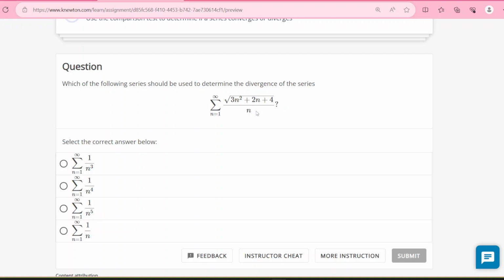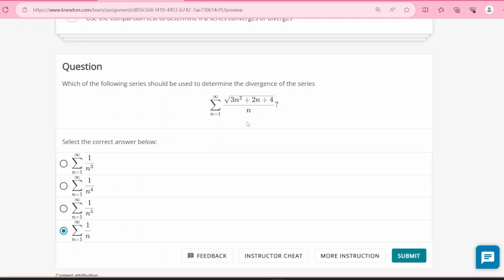You might recall from the divergence test in section 5.3: if the terms aren't going to 0, it's divergent. So it's silly, but we could do a limit comparison with 1 over n.